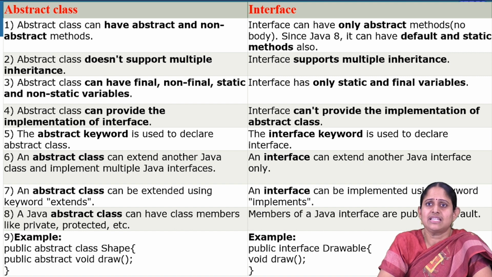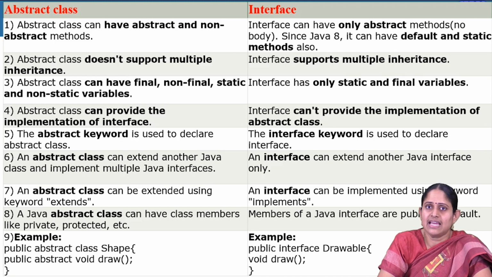The abstract class can have final, non-final, static and non-static variables. The abstract class can provide implementation of an interface. The keyword used to declare any class as an abstract class is abstract.